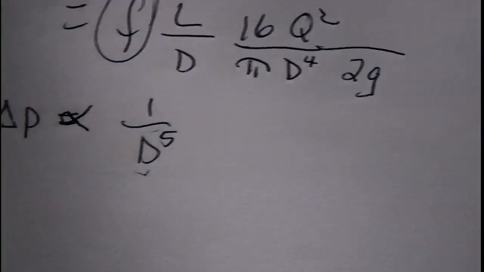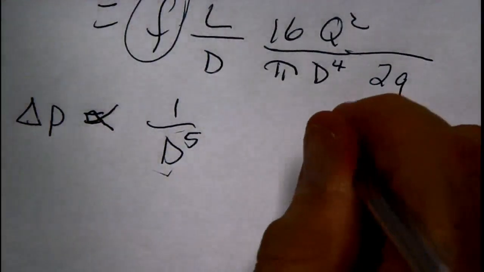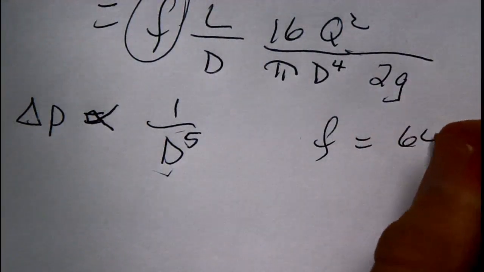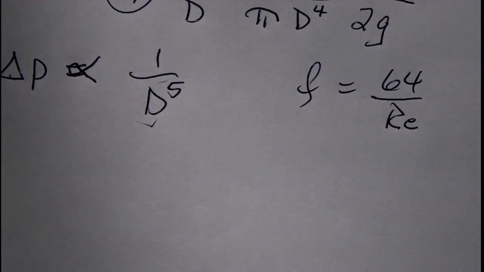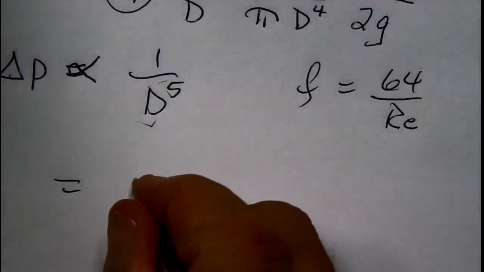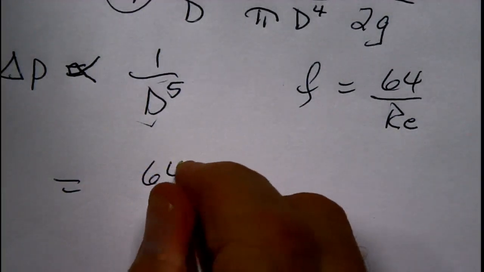However, in laminar flow, the friction factor is 64 over the Reynolds number, okay? So I put in 64 over the Reynolds number.